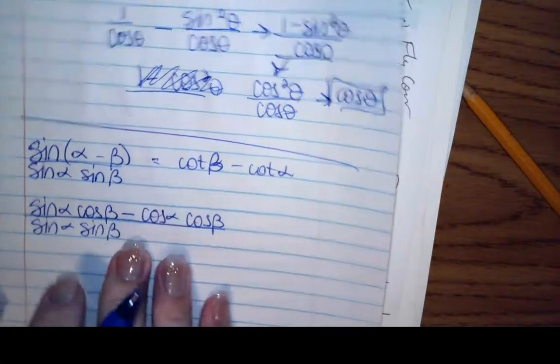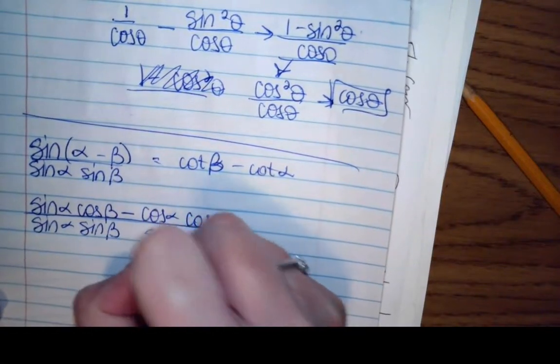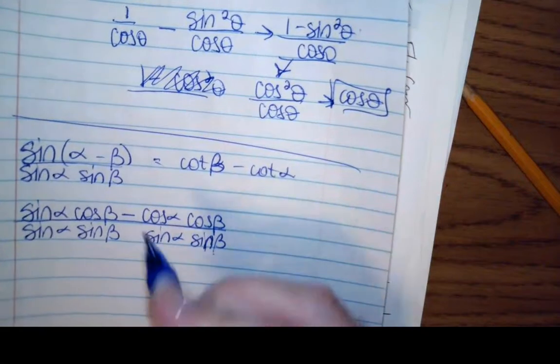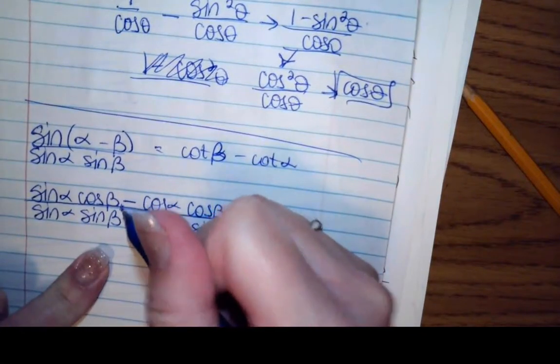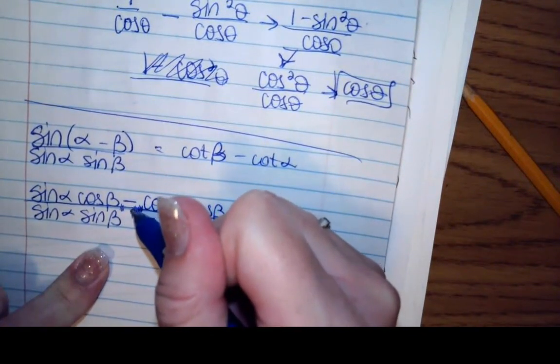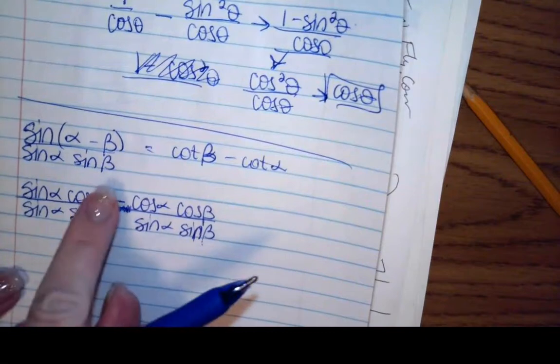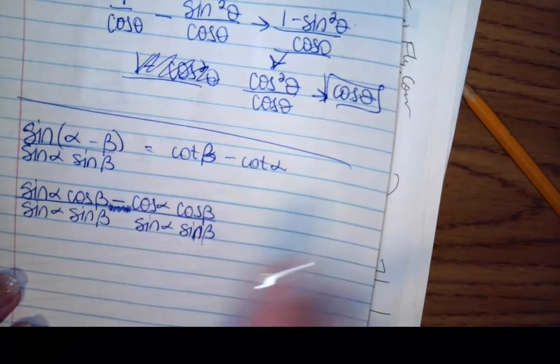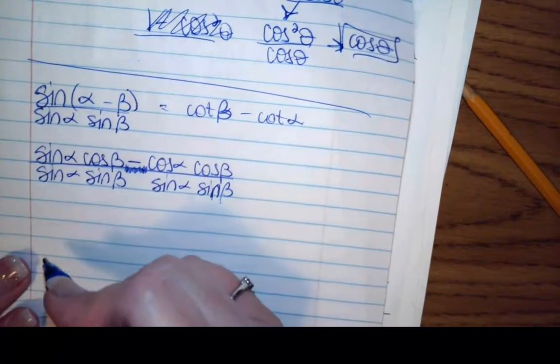I didn't have to write this as a continual fraction. So I've got the first chunk over my common denominator minus the second chunk over my common denominator. And then let's see what we've got.